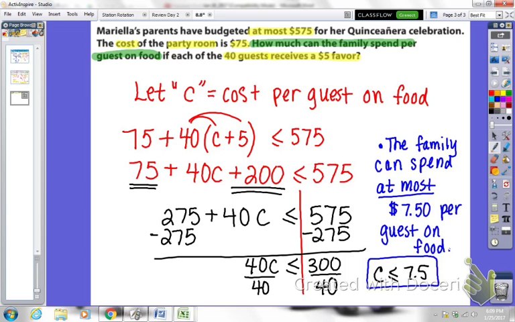So they can spend $7.50, they can spend $7, they can spend $2 if they wanted, but anything that's $7.50 or less to stay within their budget of $575.